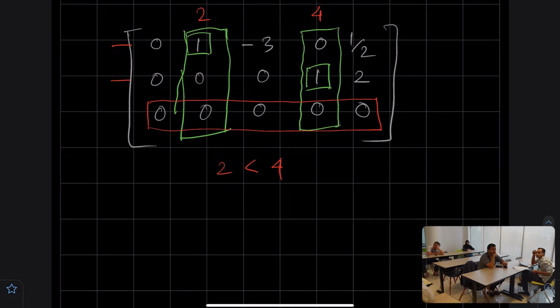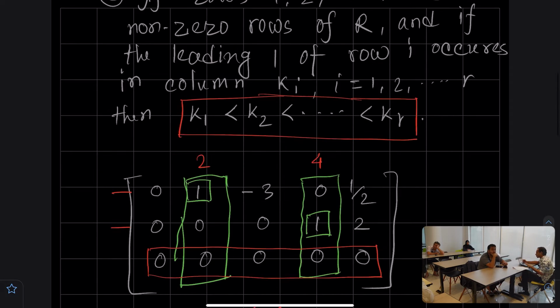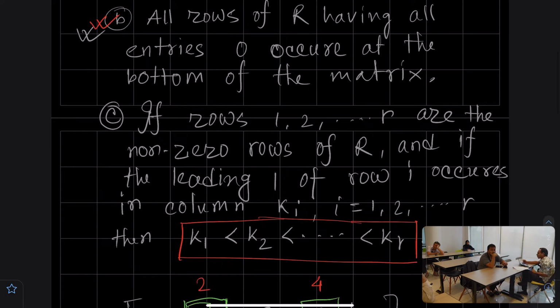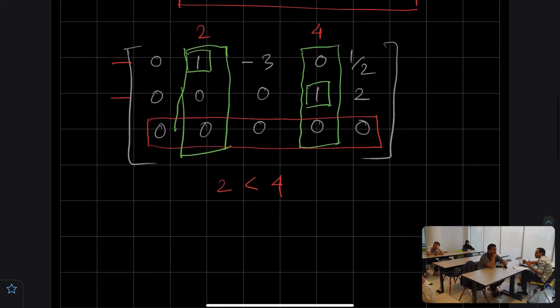So what is the second condition I didn't see? Okay, so the second condition is all rows of R having all entries 0 occur at the bottom of the matrix. So in this matrix, all entries 0 occur in which row? The third row, right?